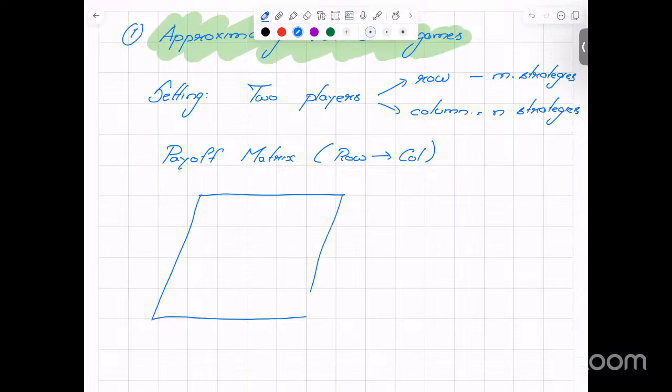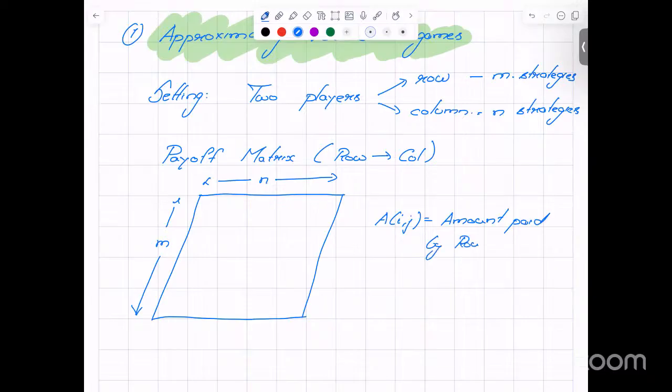Think of m and n as very large quantities here. This is m, this is n, and a_ij is the amount paid by the row player to the column player when they play strategies i and j respectively.